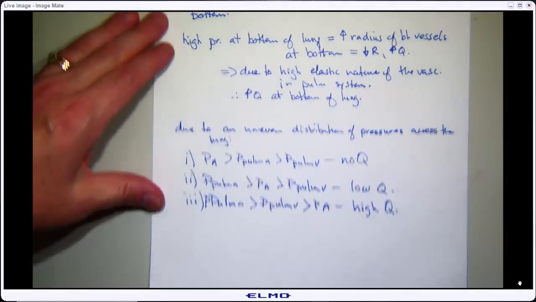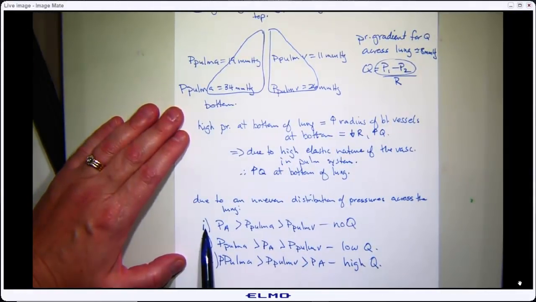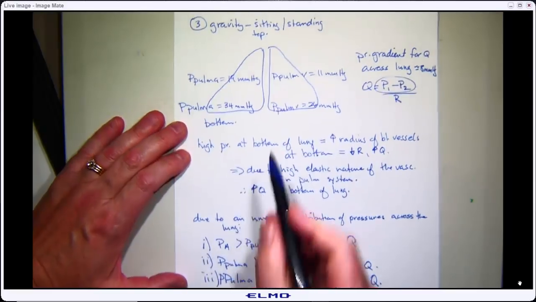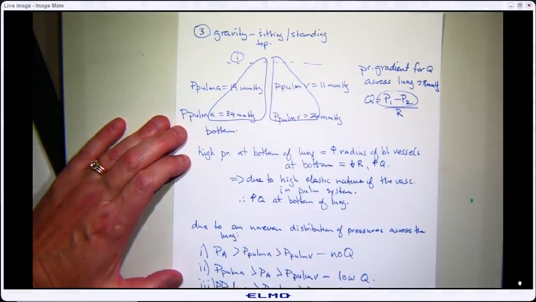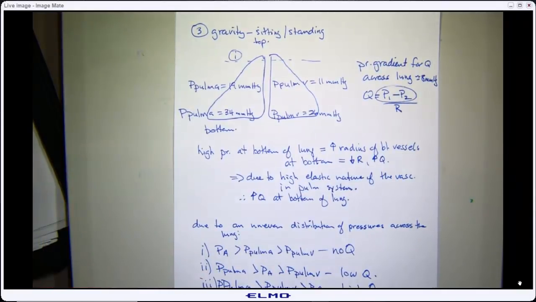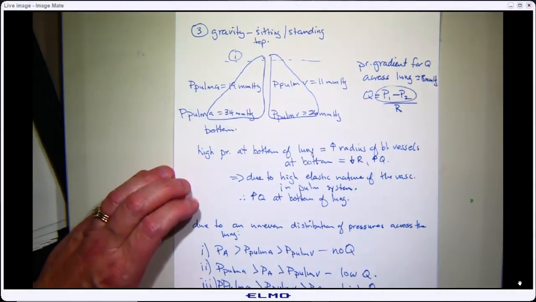Okay, in fact, there's region 1, zone 1, can happen right up at the top. Huge questions as to whether zone 1 or regions of no flow actually occur in humans. So there's a little bit of argument as to whether zone 1 occurs. But we'll give it some props and say maybe up way over at the top it does.